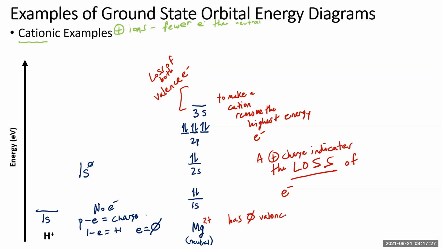Magnesium had 2 valence electrons, but magnesium ion has 0 valence electrons. Only core electrons exist, and no unpaired electrons. All electrons are paired. The 2p subshell is completely filled, as are all the other orbitals. And there you have it.